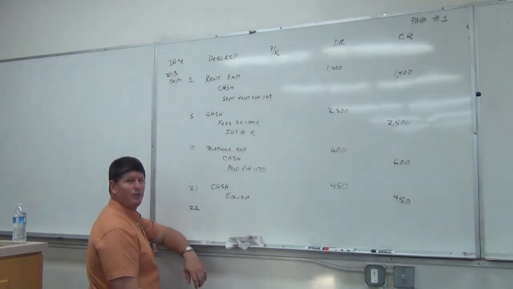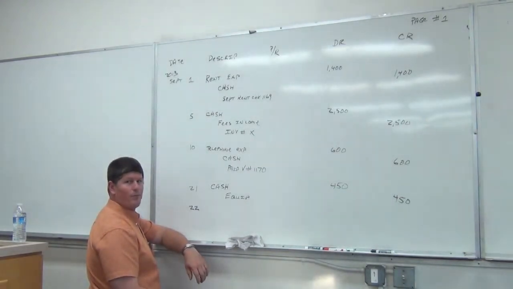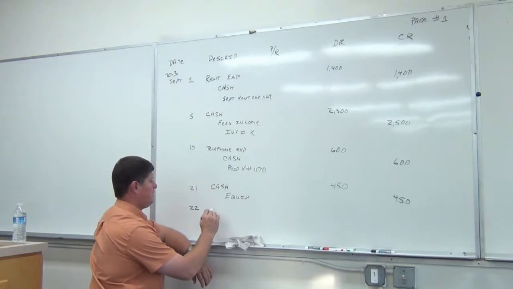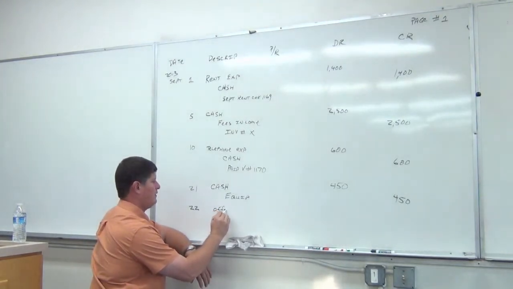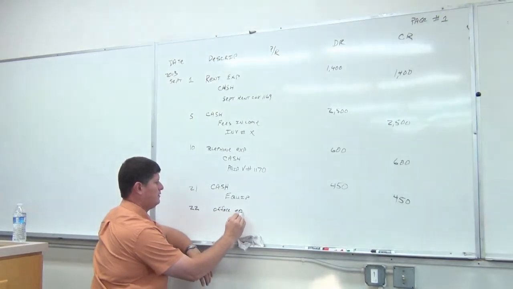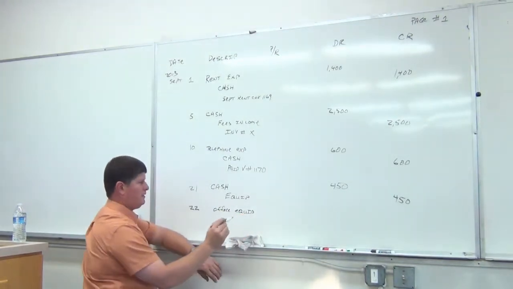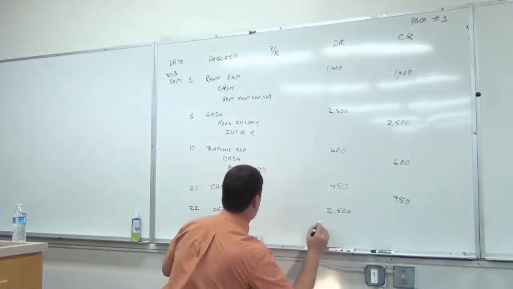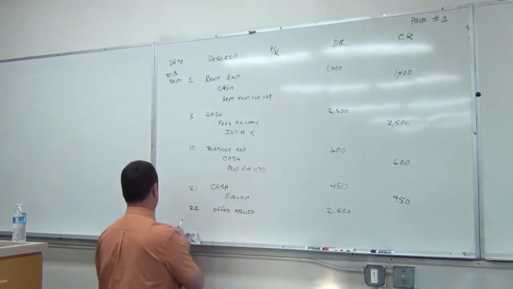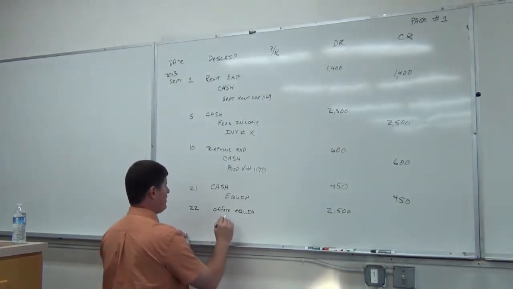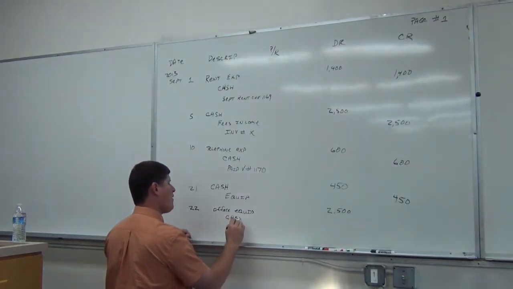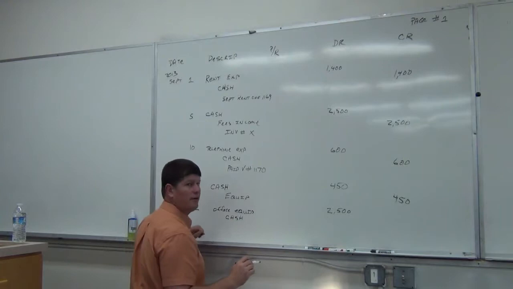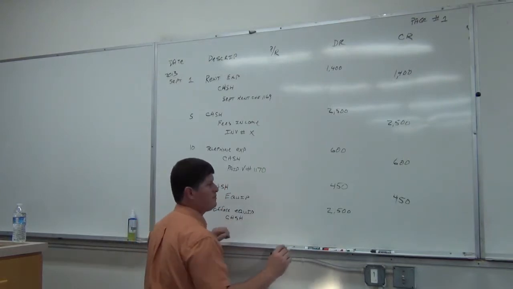On the 22nd, we purchased what? A computer for $2,500. And that goes in what? Office equipment. And our debit is for $2,500. And how did we pay for it? We gave up some cash. Yeah. There was check number 1005 for $1,500.